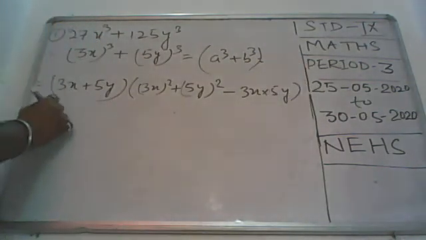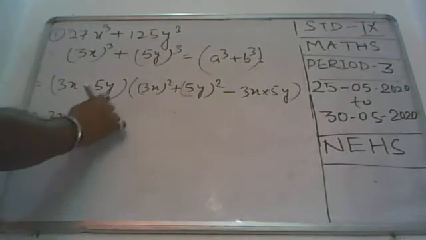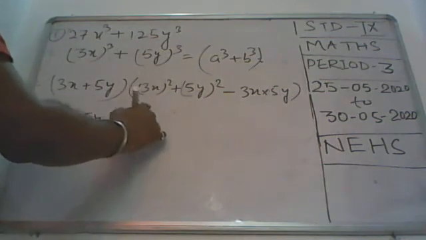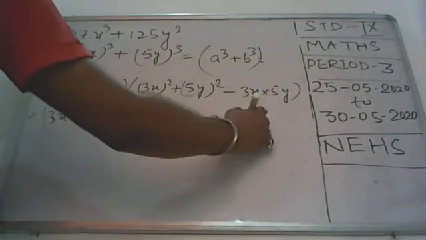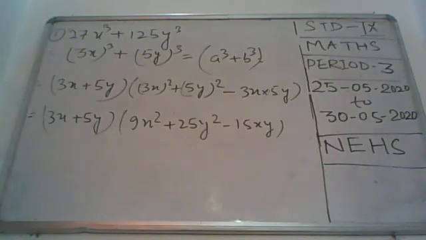So your answer is 3x plus 5y into 9x square plus 25y square minus 15xy. This is the answer if it is given like this. Now come here for one or two more questions.